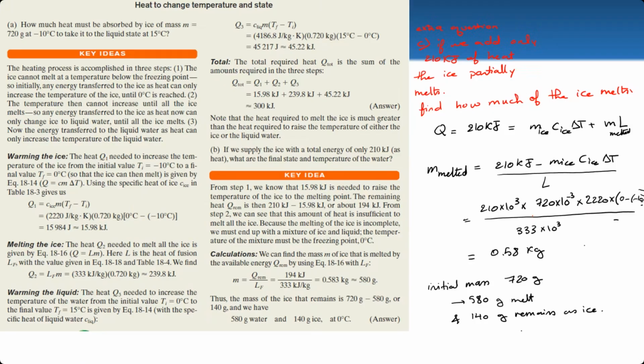The temperature, final temperature, is 0 degrees Celsius because we stopped in the middle of phase change where the temperature doesn't change. And it's essentially equal to the melting point.